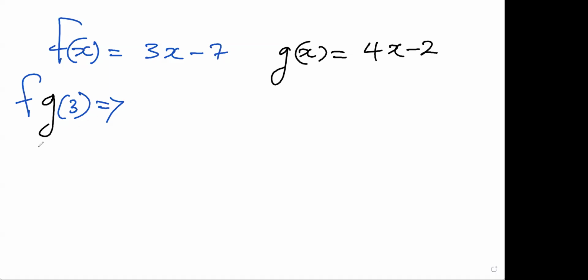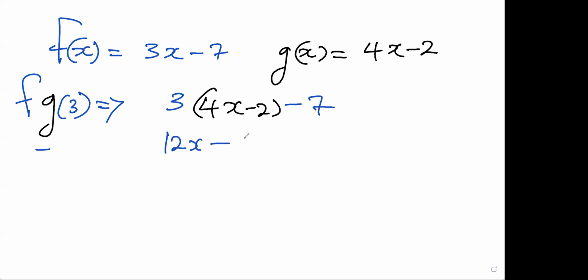All right, so g first. Now g says 4x minus 2. Put that in bracket. And then f of x says 3x minus 7. All right, so 3 times 4 is 12. 3 times minus 2 is 6 minus 7.